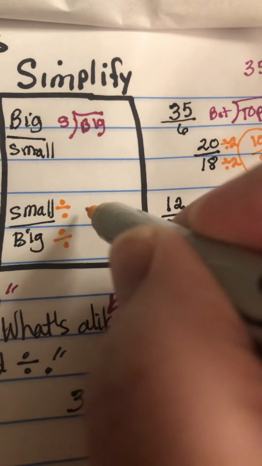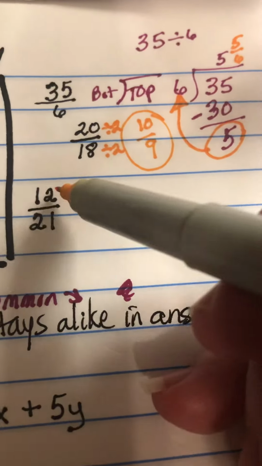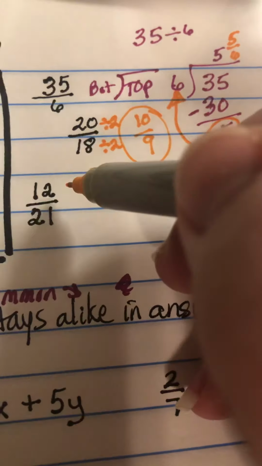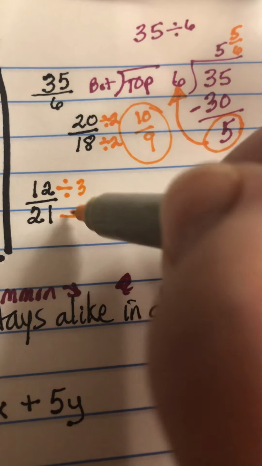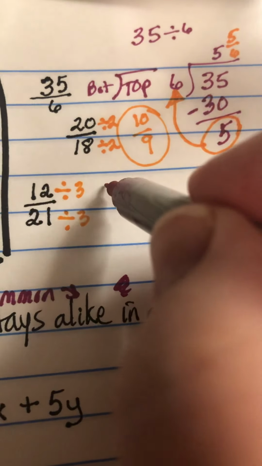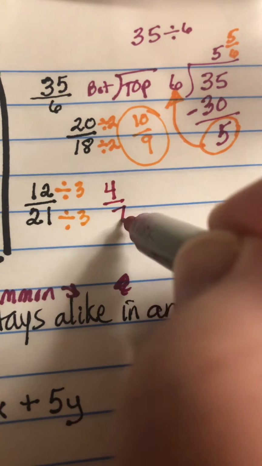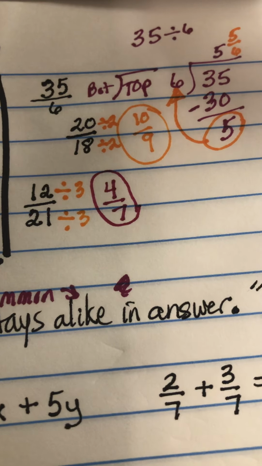It has to be the same number on top and bottom that you divide by. So when you look at 12 and 21, they both can be divided by 3. That's something that they have in common. And so then this reduces down to 4 over 7. And that is the smallest version of that fraction.